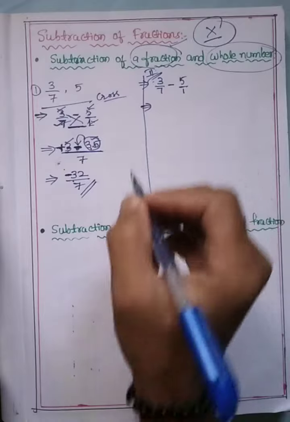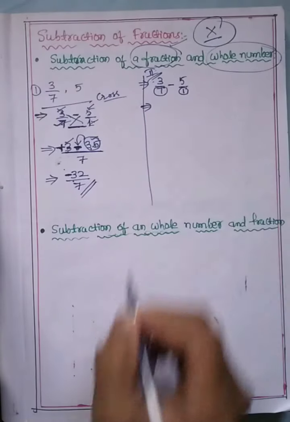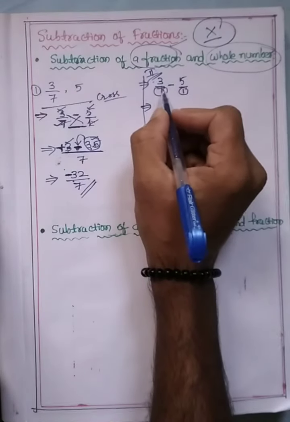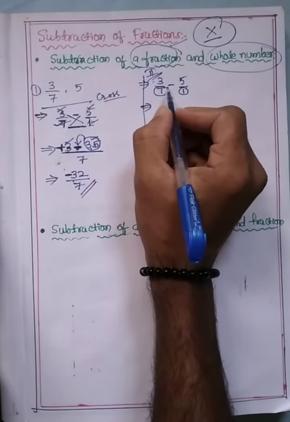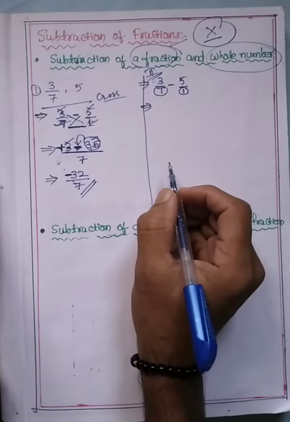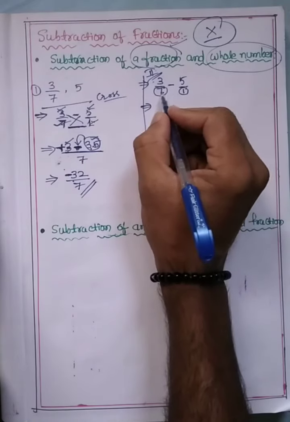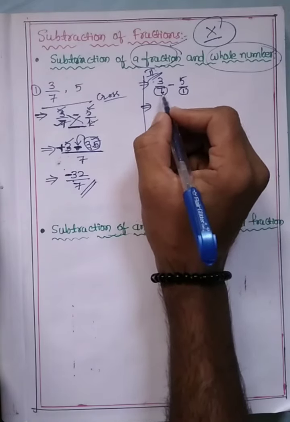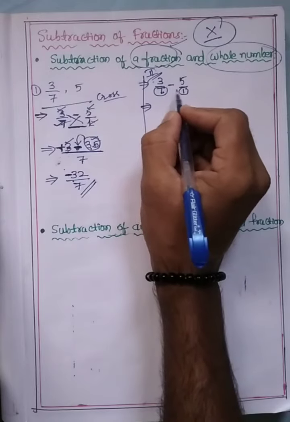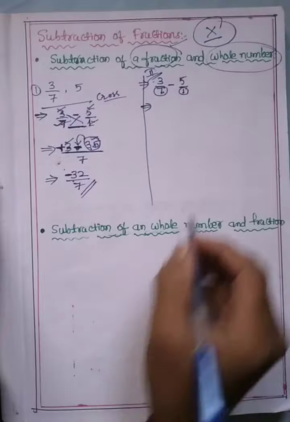So in this step, take the LCM of these denominators. Always, if you subtract any two fractions or add any two fractions, you must remember to take the LCM of the two denominators. When the two denominators are different, only then can you take the LCM of the two denominators.